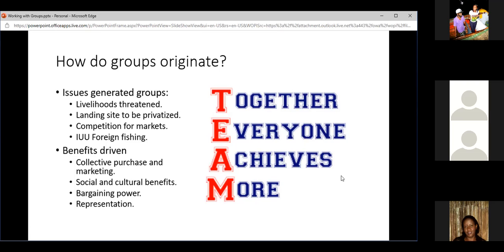Competition from markets, IUU foreign fishing, and a host of other issues may be the reasons why a group of fishers come together and form this grouping, because they want to deal with a particular issue that's best dealt with in numbers, by sitting down and generating the ideas necessary to determine how to solve these issues.